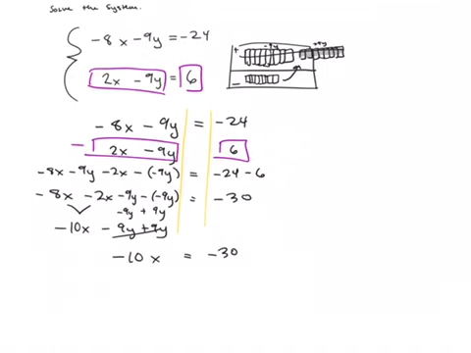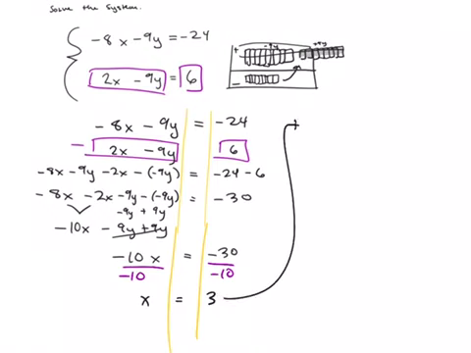Moving on, let's finish this system. Now I have negative 10x is equal to negative 30. Divide both sides by negative 10. X is equal to positive 3. To solve the entire system, I have to figure out what x should be equal to, and then what y should be equal to. Given that x is equal to 3, I substitute in 3 for x.